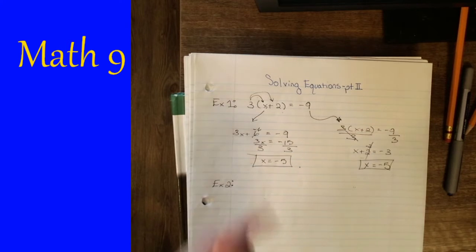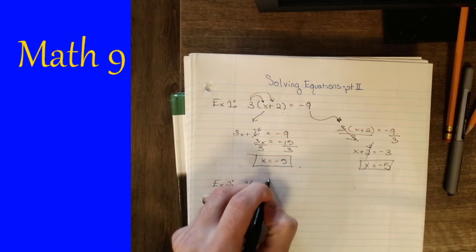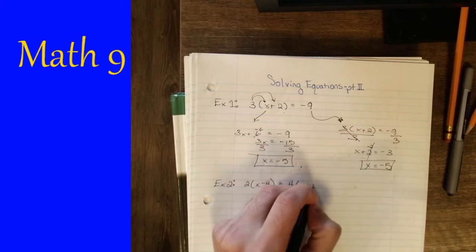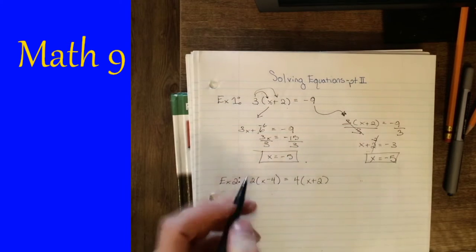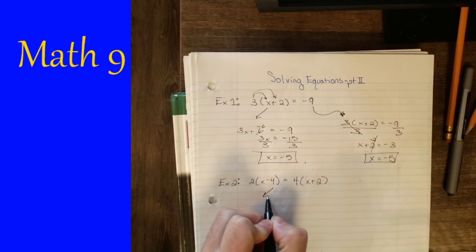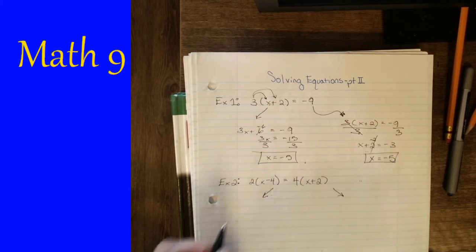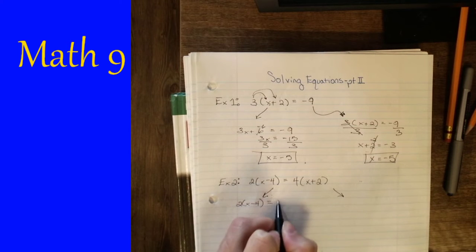So we're going to have 2 times x minus 4 is equal to 4 multiplied by x plus 2. And again, I'll show you how to do this in 2 different ways. So the first being, I'll actually just rewrite everything again.